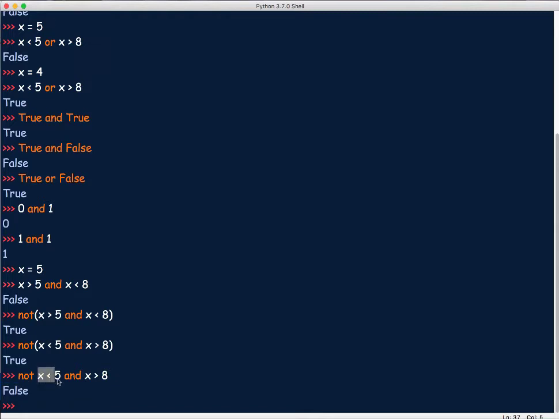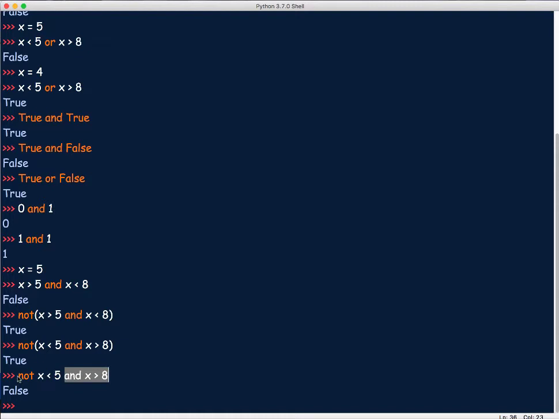When x is 5, this evaluates as false, and this is false, so the whole thing's false. It's a weird way to look at this because you're actually doing this first. You're saying not this. So this is false, you change it to true because not false is true, and then do this, which is also false, but then true and false make a false.